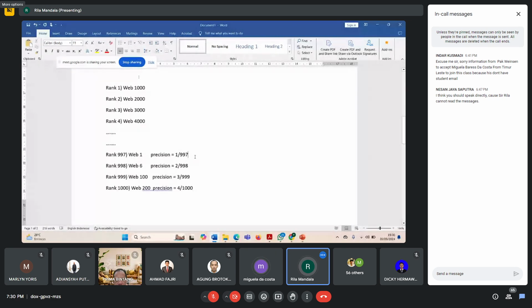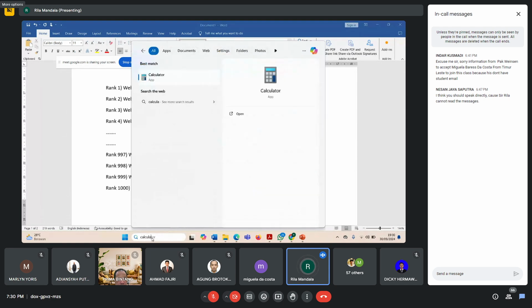Okay, now we compute this one. If you want to know the exact result, you can just use a calculator. Or do you want to use calculators?